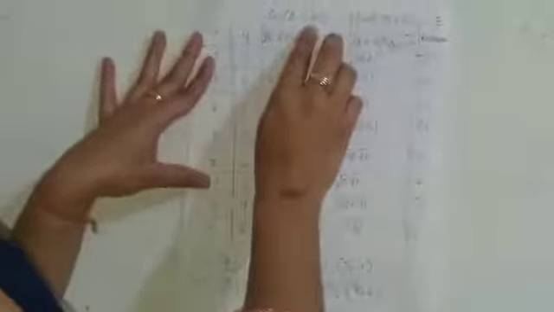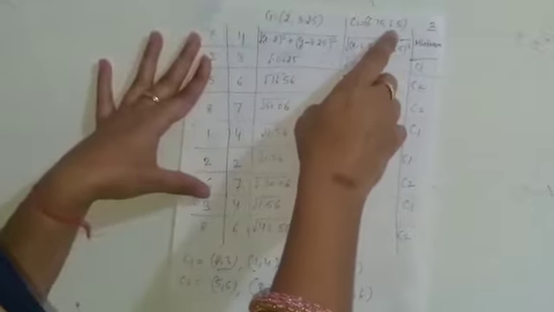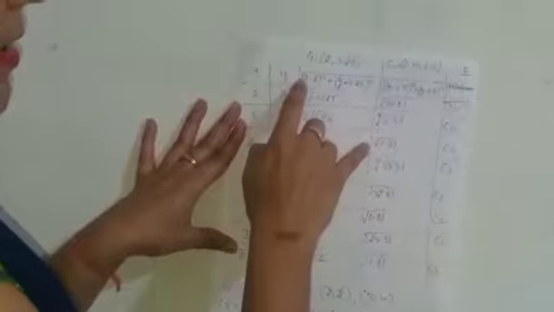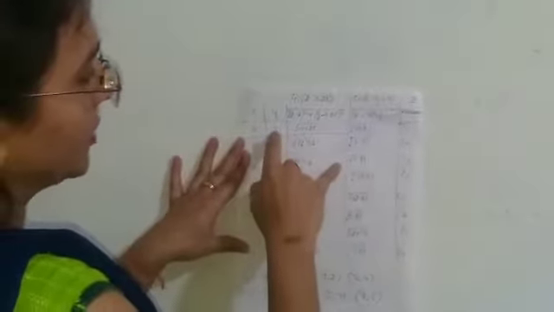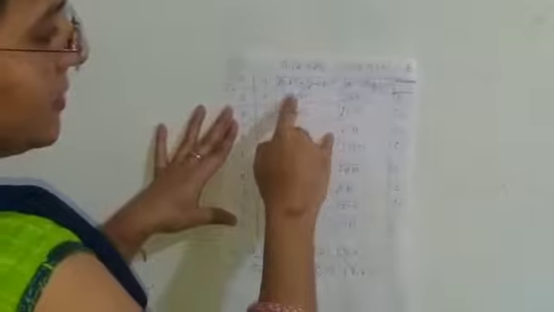Now the updated value of C1 is 2, 3.25 and C2 is 6.75, 6.5. In the same way we have to find the Euclidean distance. For C1, (x minus 2) whole square plus (y minus 3.25) whole square.